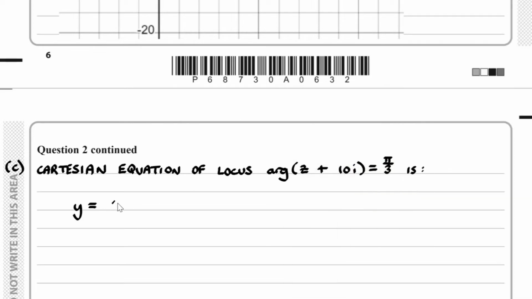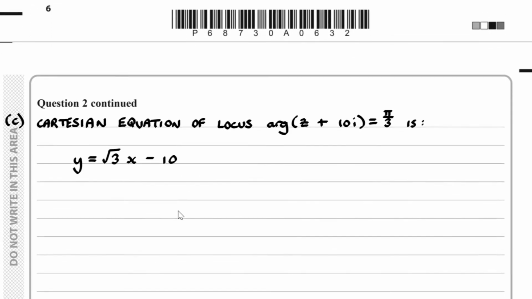So we have y equals root 3 x subtract 10. So the gradient is the tangent of pi over 3, and the y-intercept is minus 10. It's in the form y equals mx plus c.